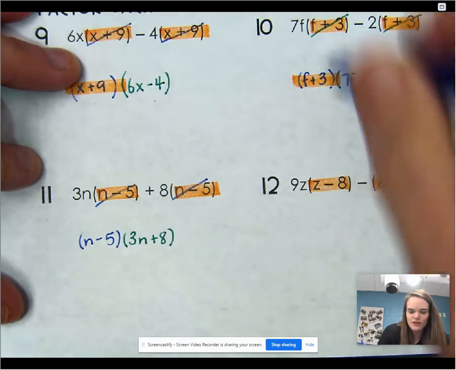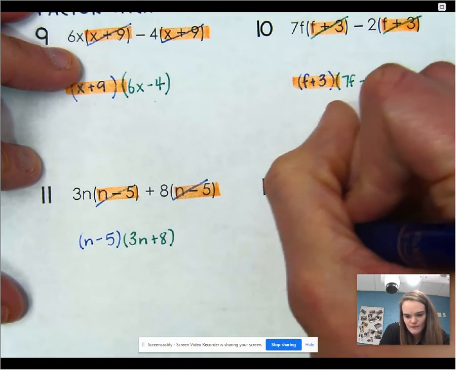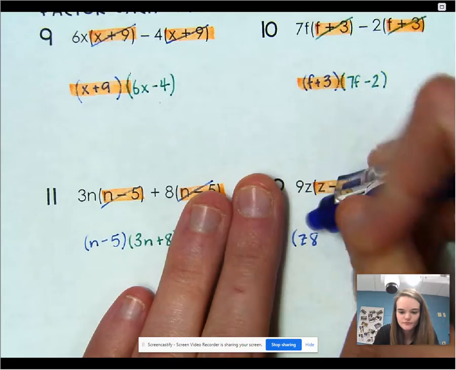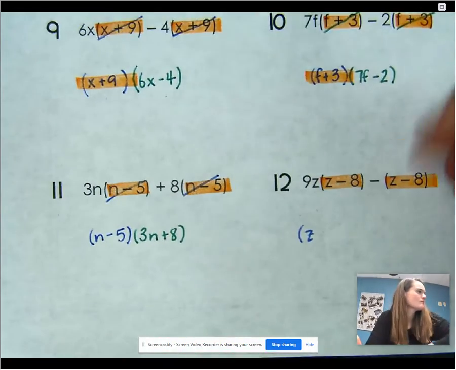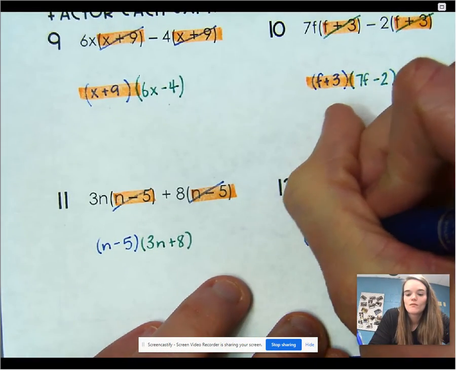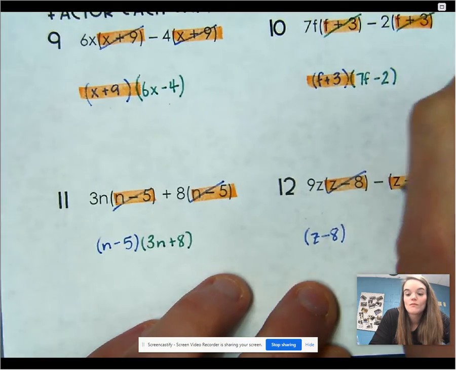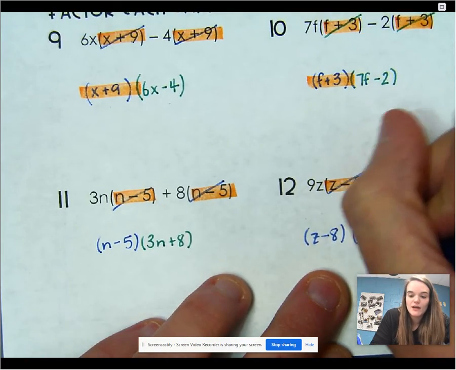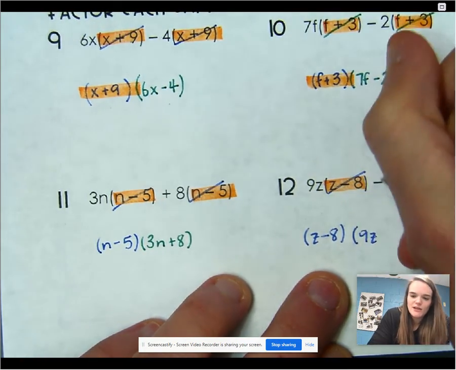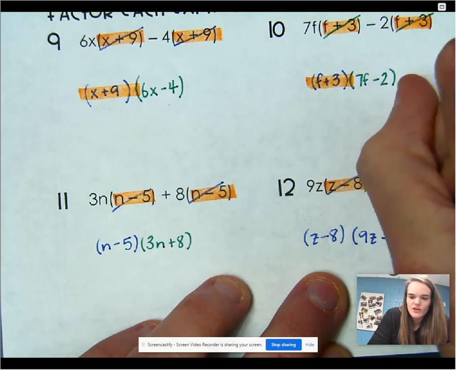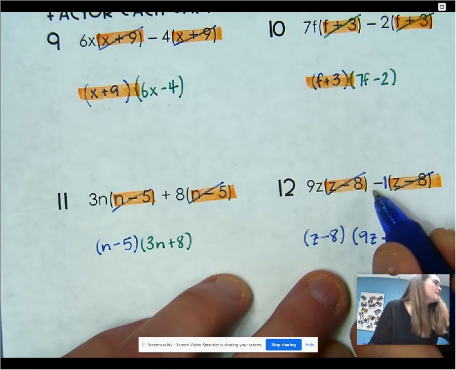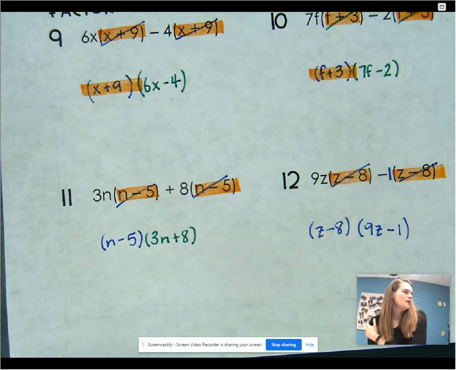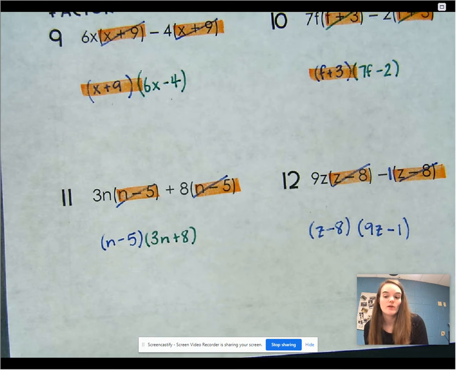Both of them have a z minus 8. Okay, and then I have 9z minus 1 left. There has to be something here. If you have a minus, it's got to be a 1. Well, it's got to be 1 no matter what, but you have to have something there, okay? All right, that's how these work.